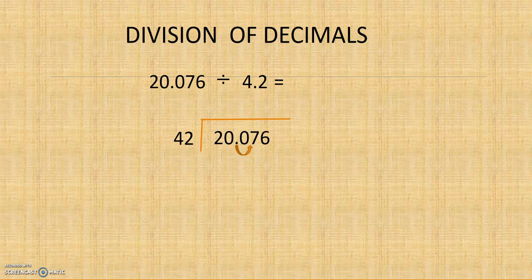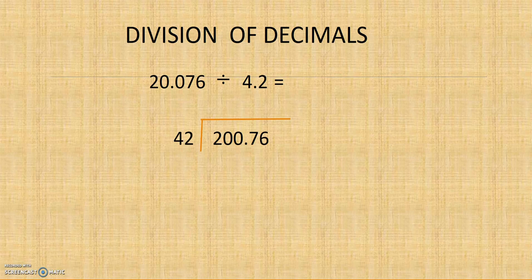And for our dividend, however many places you move your decimal point for your divisor, you will do the same for your dividend. Since we move only 1 place to the right for our divisor, let's move also our decimal point to the right 1 place.